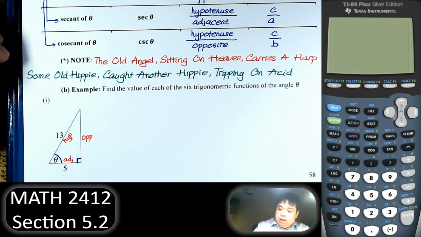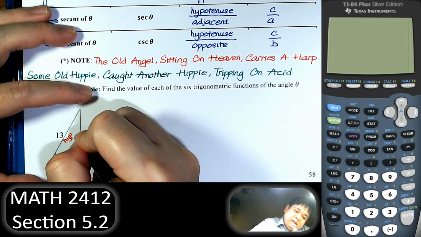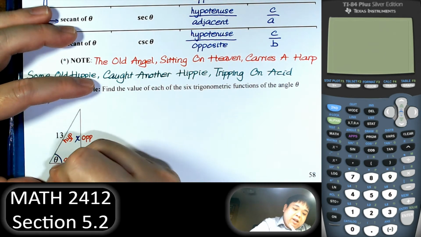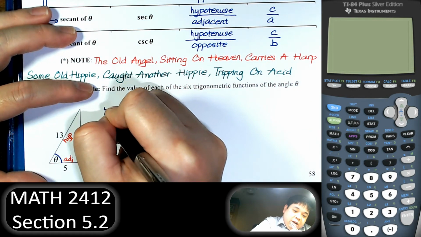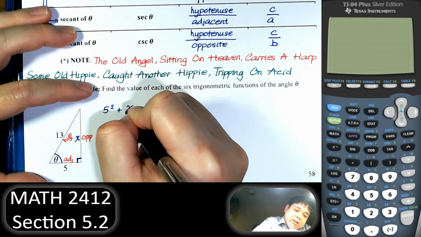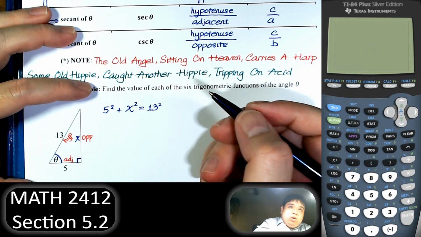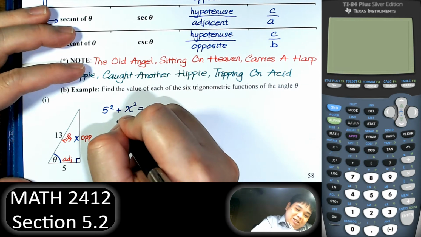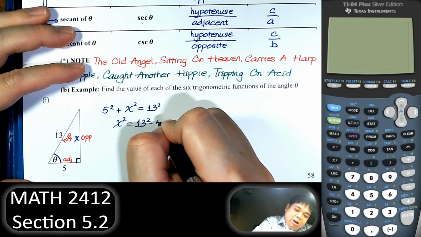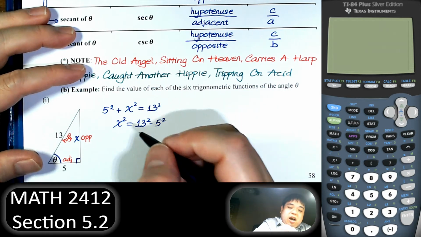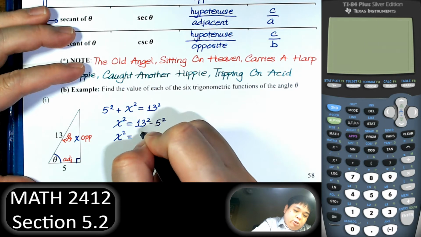Let's say the length is x. In the right triangle we have the Pythagorean theorem: 5 squared plus x squared equals 13 squared. So x squared equals 13 squared minus 5 squared. 13 squared is 169 minus 5 squared, 25, so we have 144.